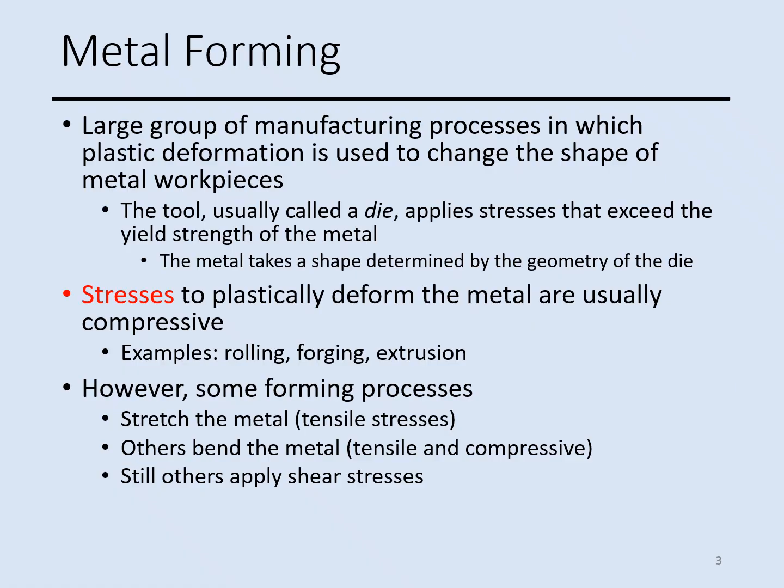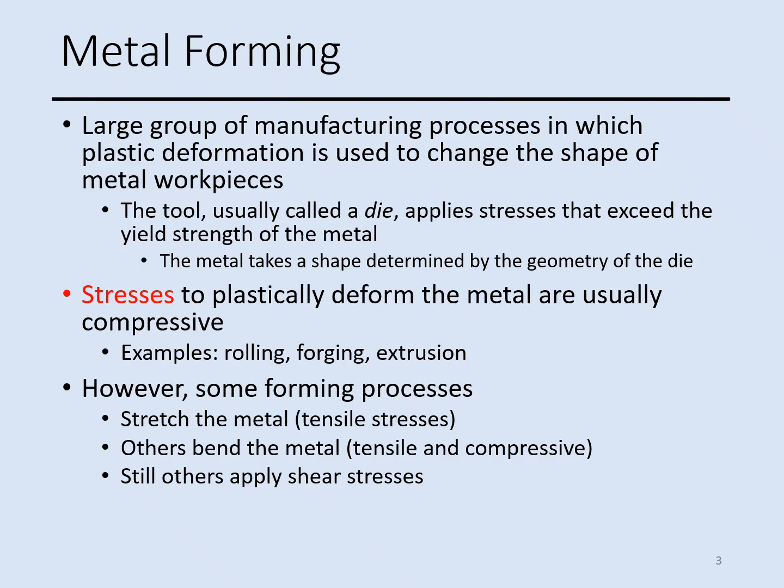What is metal forming? Metal forming is a manufacturing process in which plastic deformation is used to change the shape of metal workpieces. Plastic deformation is very important in metalworking.